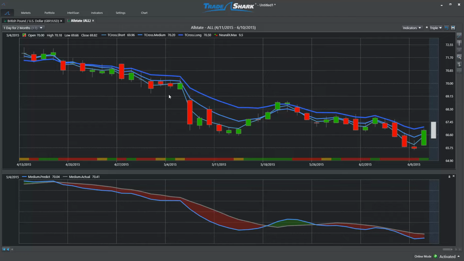TradeShark's predicted moving average crossovers do a great job at forecasting prices a couple days ahead, but in certain market conditions, like increased volatility, it may be difficult to manage the position effectively. A trader would have made a lot of money shorting this market, but may have become confused when the market began to consolidate.